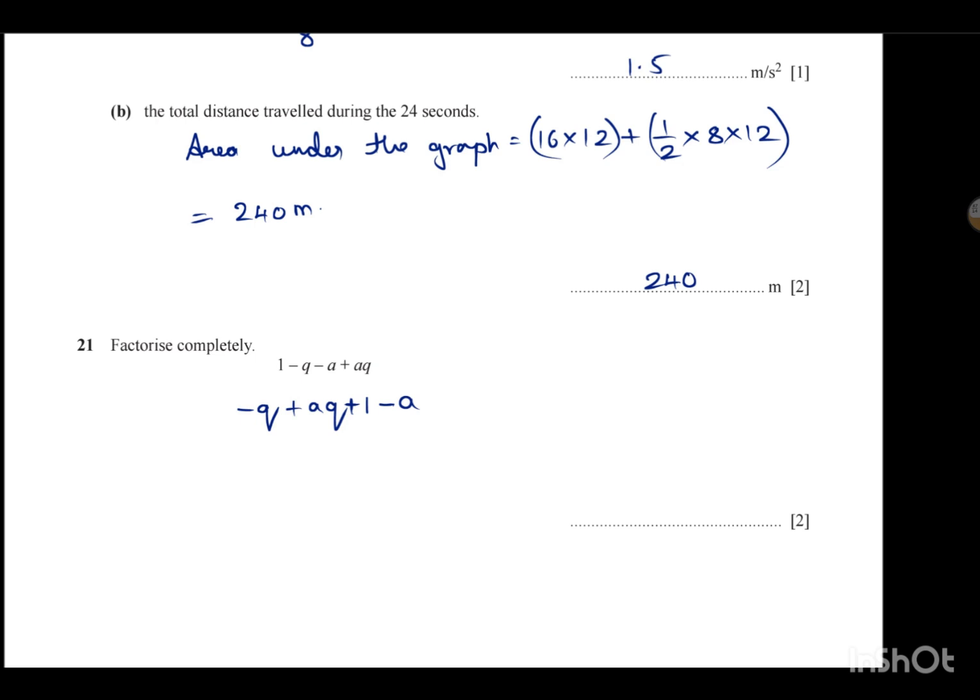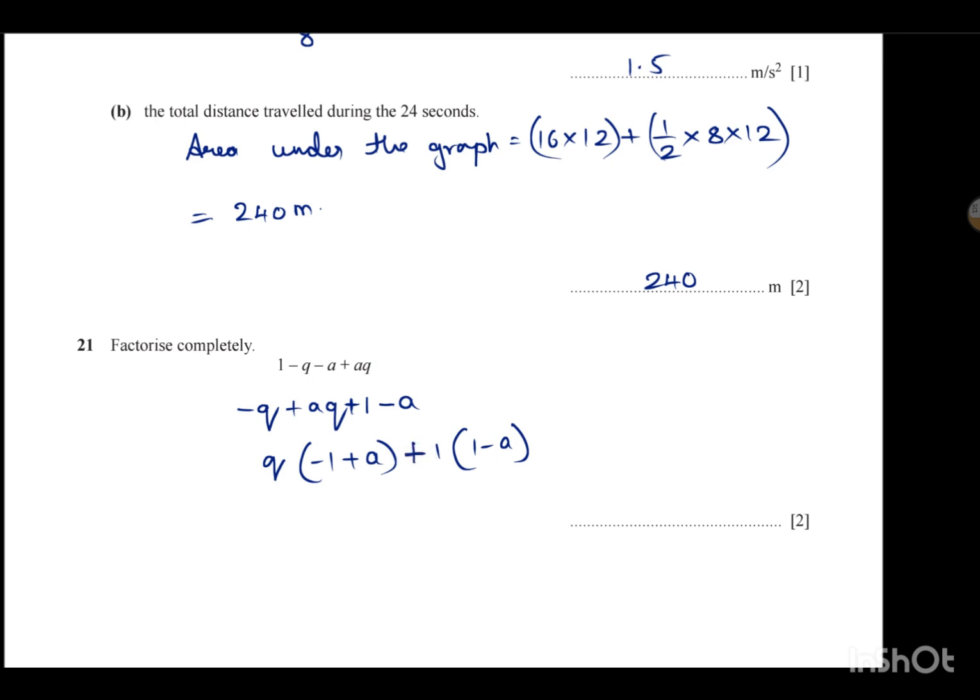In the first two terms, let us take q common, so you will get minus 1 plus a. In the next two terms, take just 1 common, it is 1 minus a. Now in one bracket you have minus 1 plus a and in the other 1 minus a, so try to change any one of them.